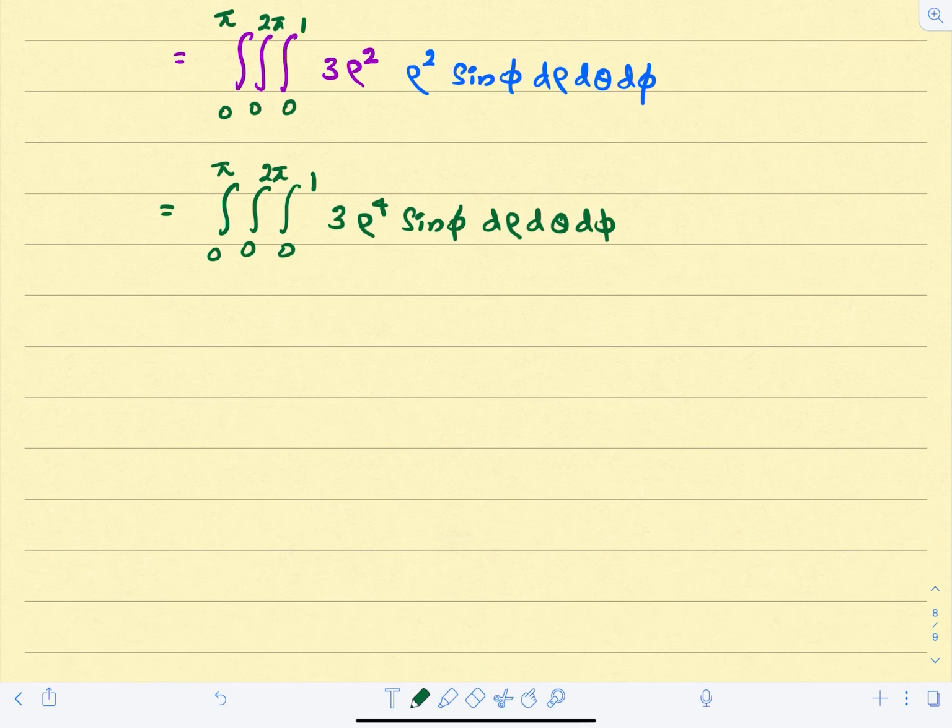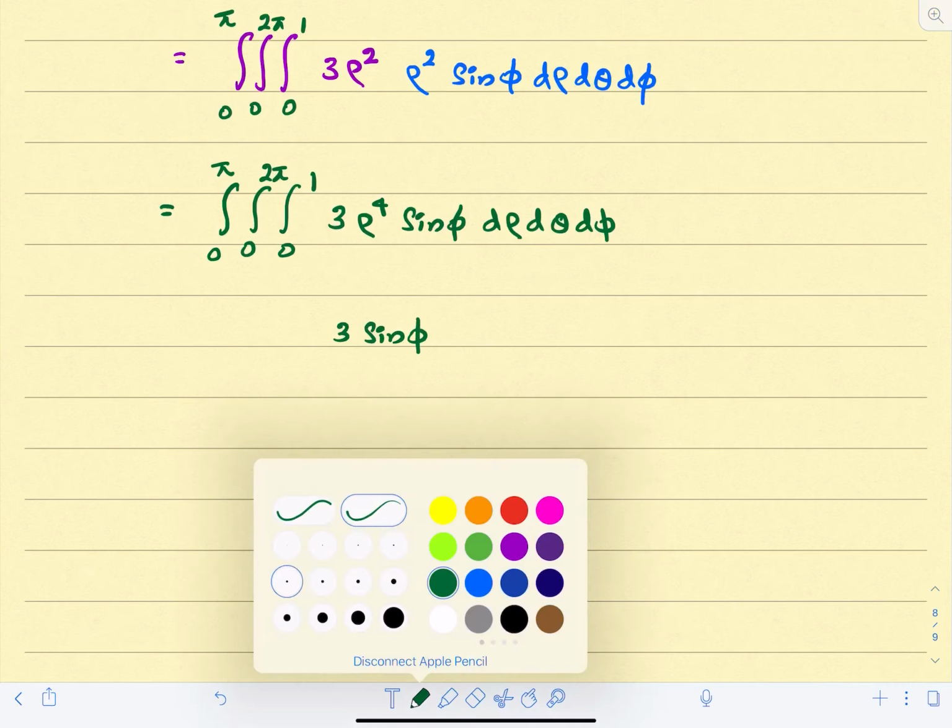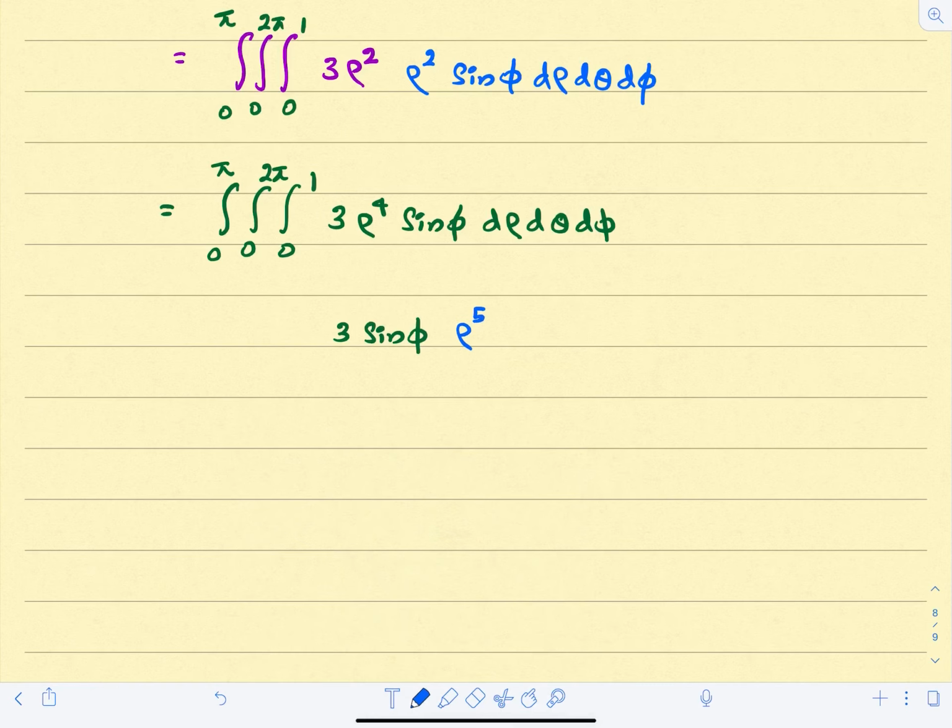The first variable of integration is rho, therefore we can treat the 3 sine phi term as a constant, and so we have 3 sine phi. If we integrate rho to the power 4, you should get rho to the power 5 over 5. The lower limit of rho is 0, and the upper limit is 1.